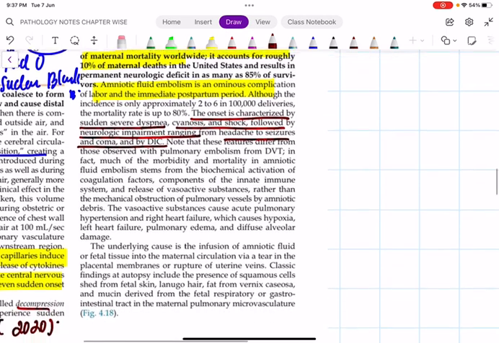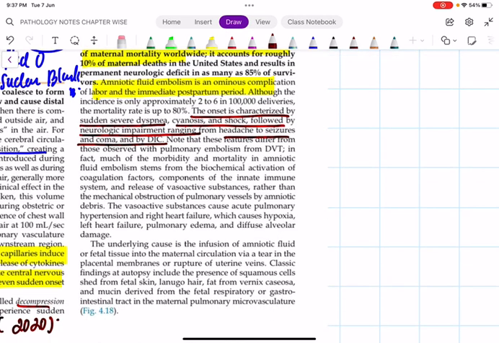Remember, this amniotic fluid embolism is mainly because of activation of some pathways. I mentioned DIC. Why does this DIC occur? Because it is said that amniotic fluid has some vasoactive substances that are responsible for acute pulmonary hypertension, right heart failure, left heart failure, pulmonary edema, and diffuse alveolar damage.